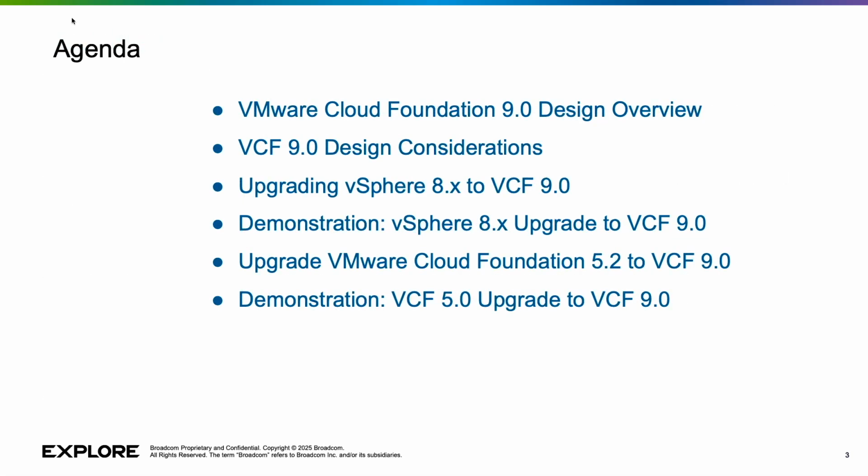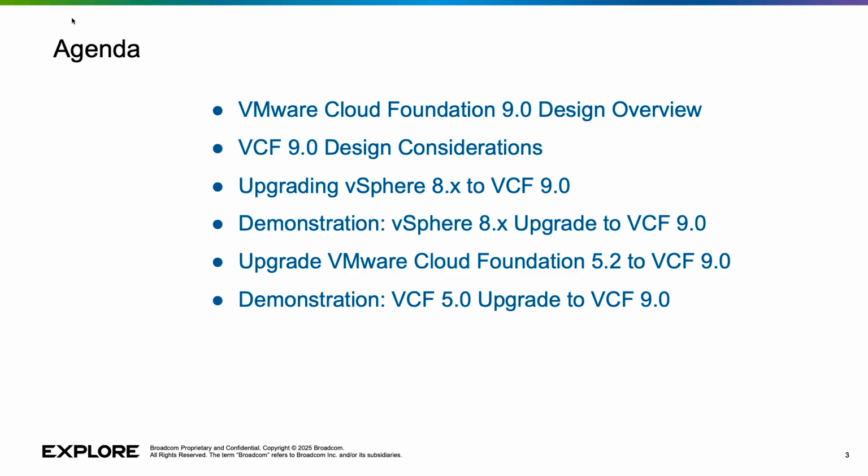Let's go over the agenda for today. A lot of you have already heard about VCF 9. You might have heard bits and pieces about it. You're going to learn a lot more over the next few days. The crux of the session today is to talk through how you actually move from where you are to VCF 9. So we'll do a few things. We'll level set on what VCF 9 is.